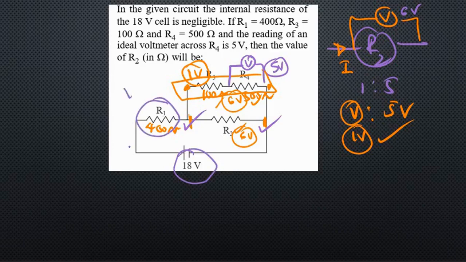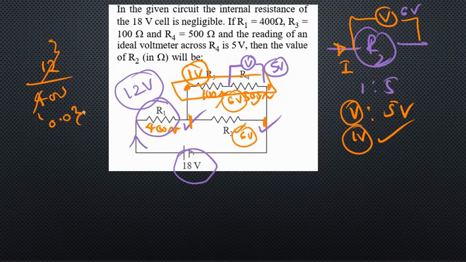So the total current goes through R1, and we have the R1 resistance value, so we can find the current through R1. That is 12 divided by 400 ohms, 0.03 amperes, that means 30 milliamperes.